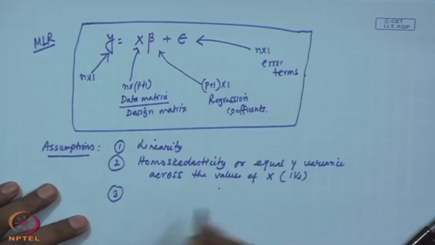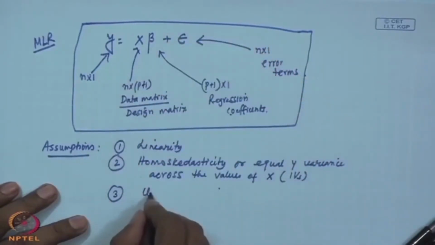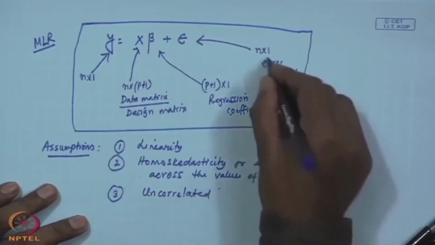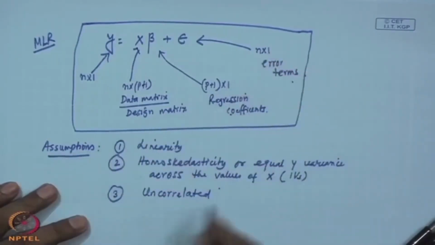Then the third one is, we have seen that the error term is there, so the errors will be uncorrelated error terms. That means there are n cross 1 errors, this vector, and these will not be correlated.